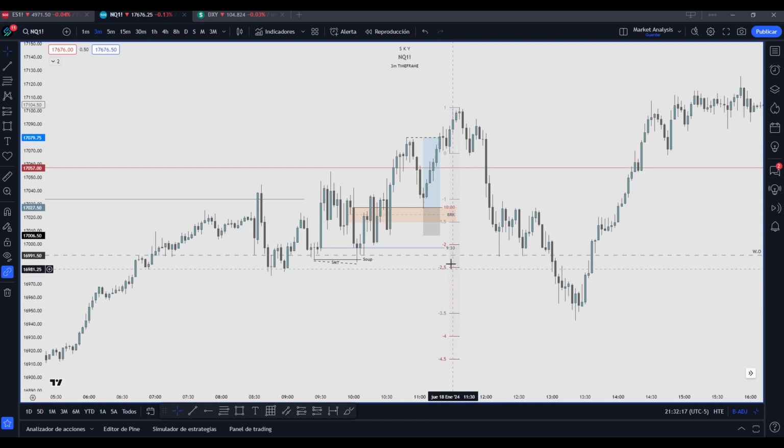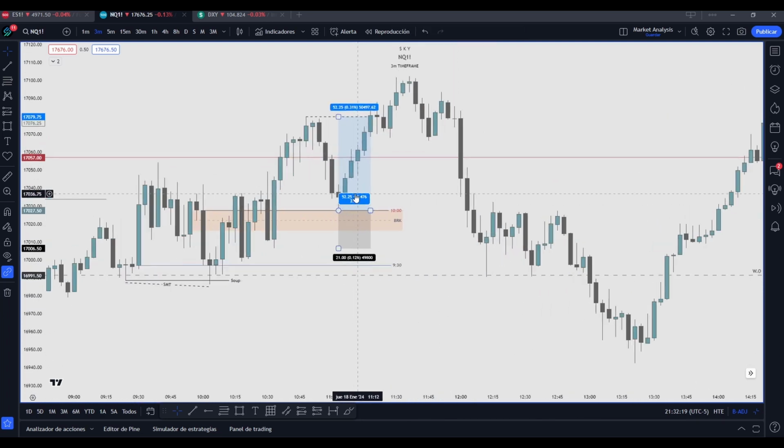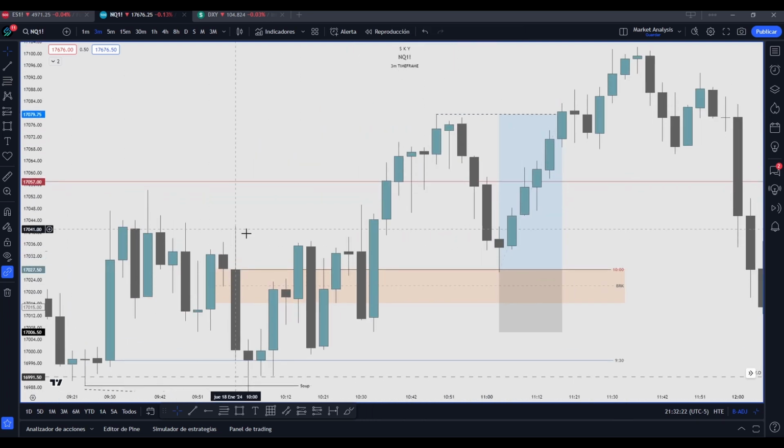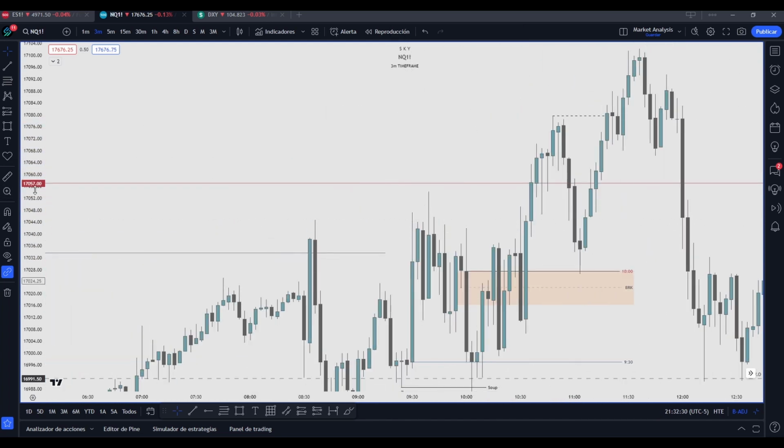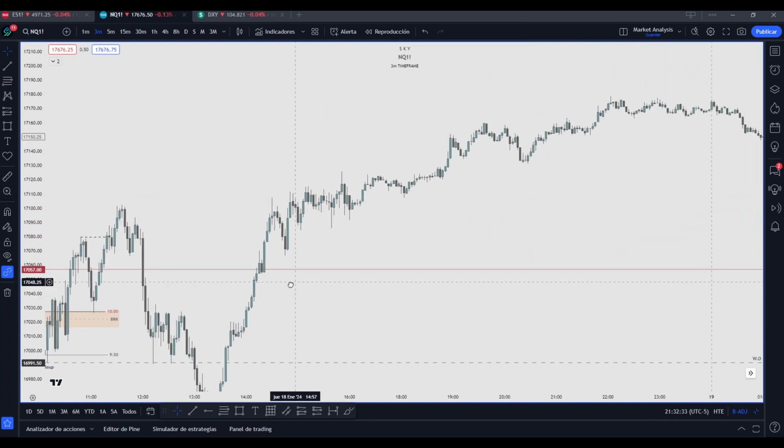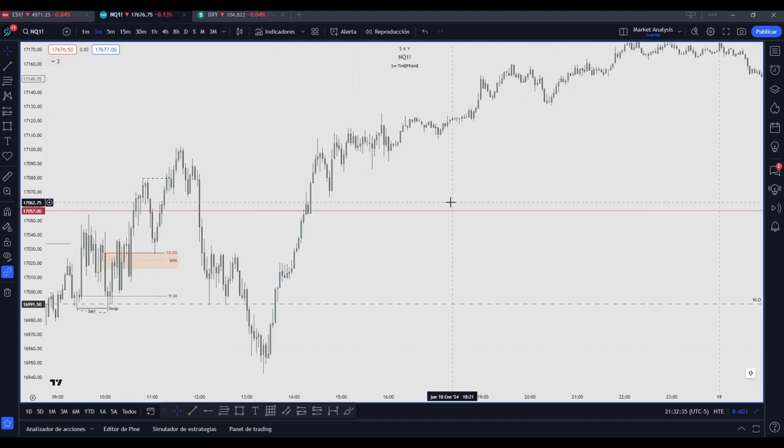So if you are good with 2 risk to reward on the long term, it's very nice. So this would be great. Let's jump on the next day.